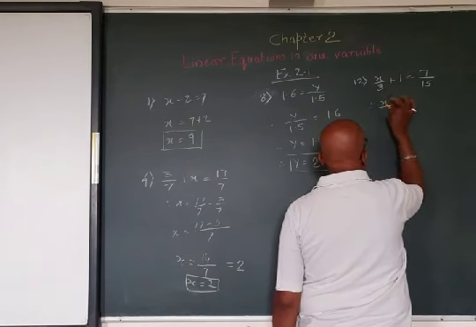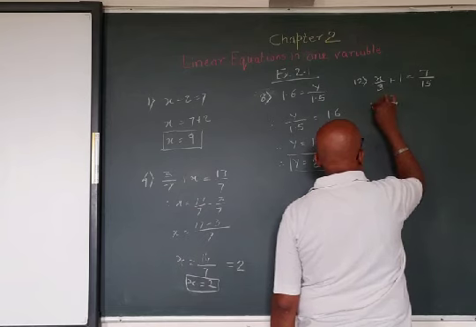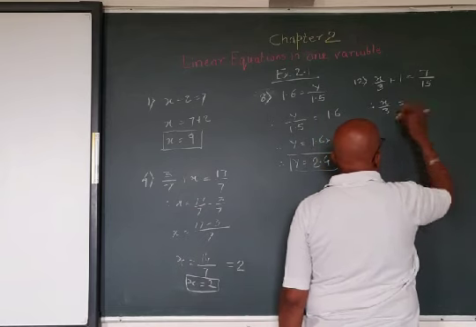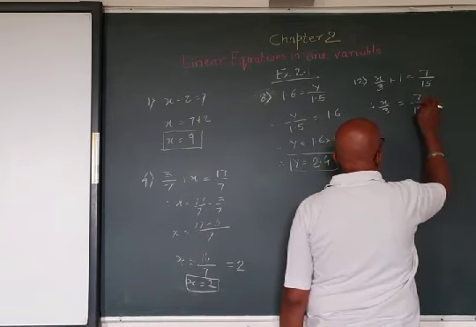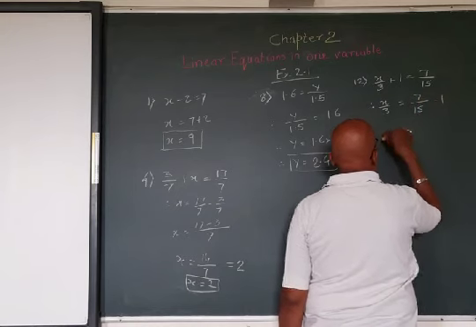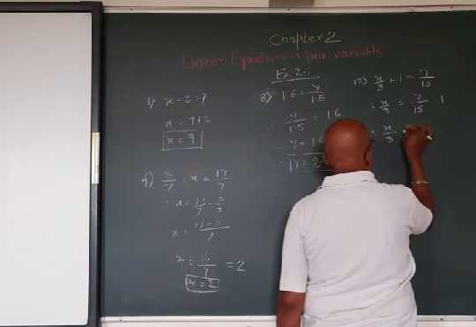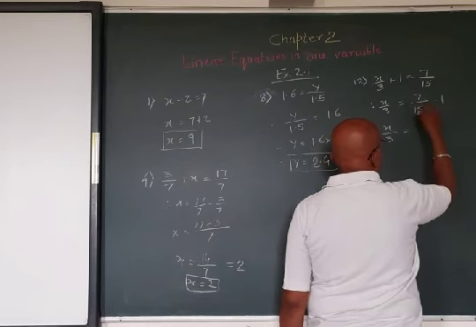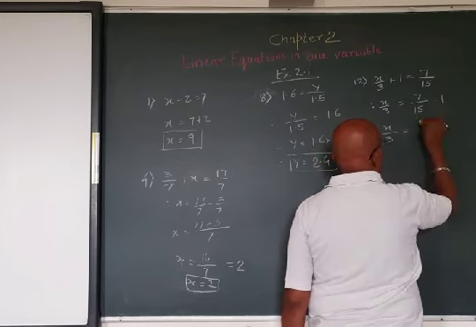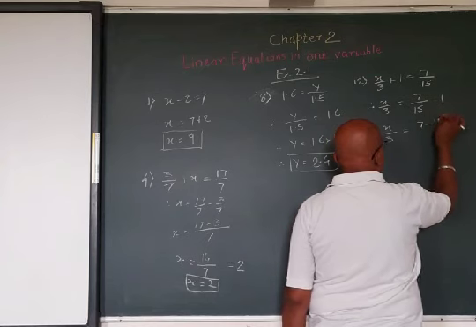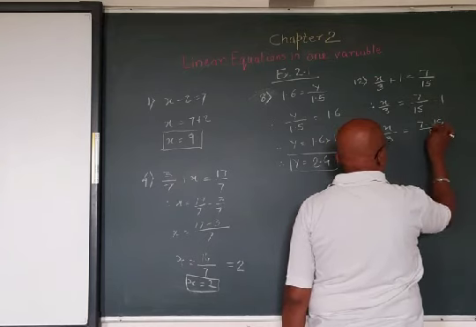So x upon 3 equal to 7 upon 15 minus 1. Here the denominator will be 15, so 7 minus 15 upon 15.